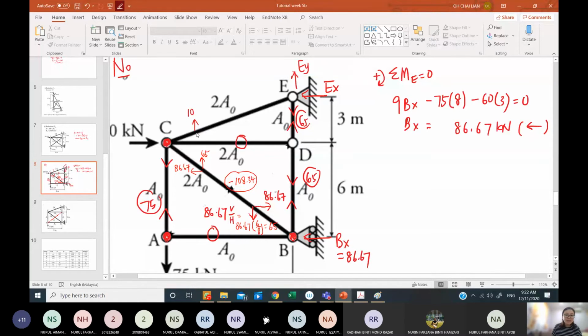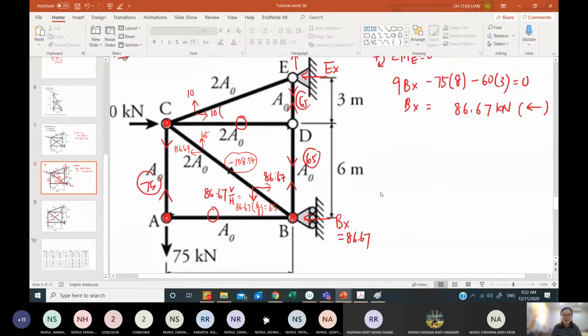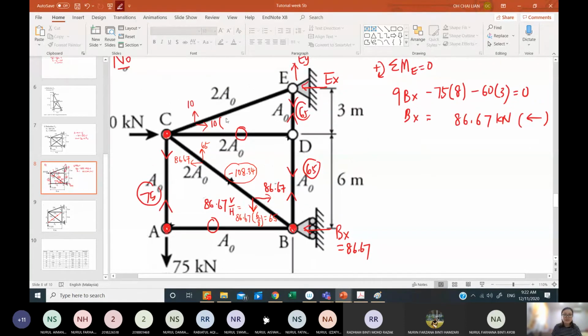So I can't use the ratio method to get my horizontal components from here. So it will be 10 multiplied by the horizontal distance, which is 8, divided by the height, 3. So I get 80 divided by 3. How much? 26.67.